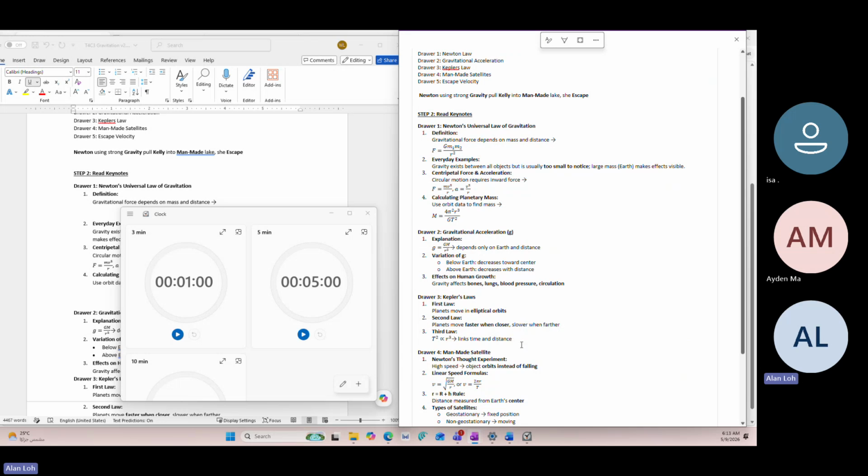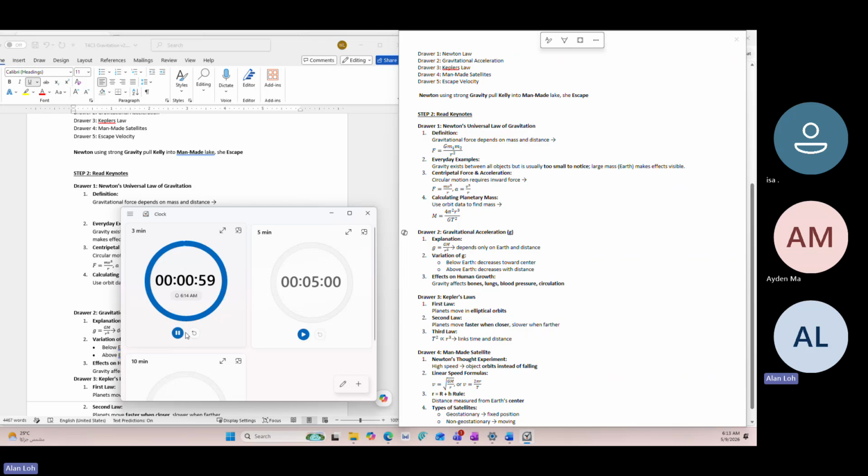So now, let's do drawer 2, also 1 minute, right? Let's do drawer 2, also 1 minute. Because this chapter, I think, is not an easy chapter. Let's put it this way. Okay, drawer 2, 1 minute.